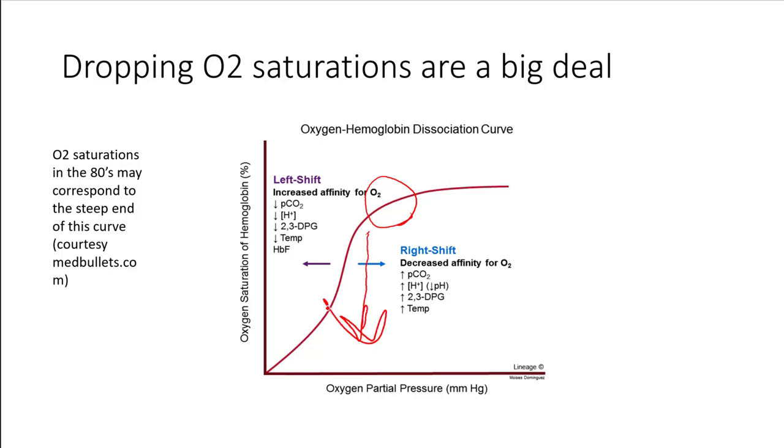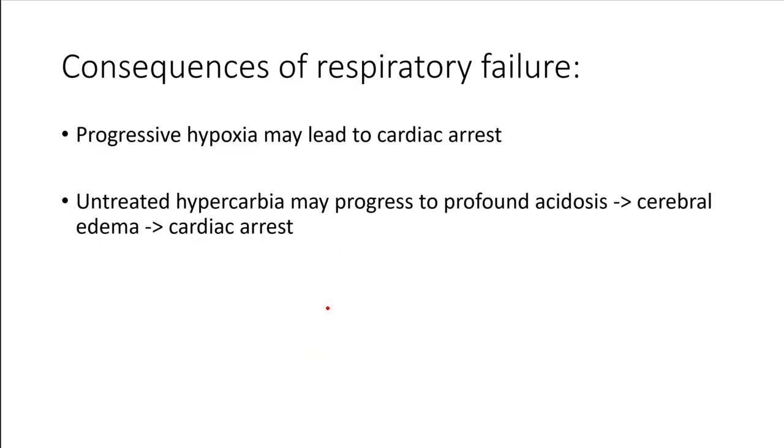So within 10 seconds, you could go from 88% to complete anoxia or profound hypoxia, and just a second or two around the corner from there is a possible cardiac arrest, PEA arrest, and that's not good, and that won't take long to happen. So that is why you and your nurses should not take hypoxia lightly.